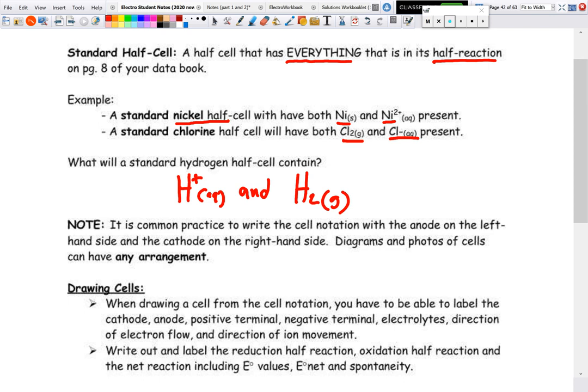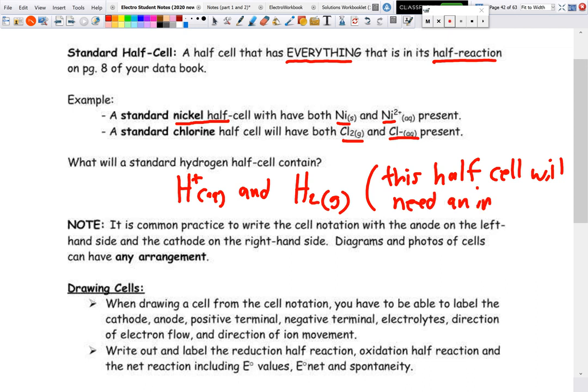So two of these together is what will make a standard half cell. And we'll notice in this standard half cell, aqueous and gas, there's no solid, so this will need an inert electrode.